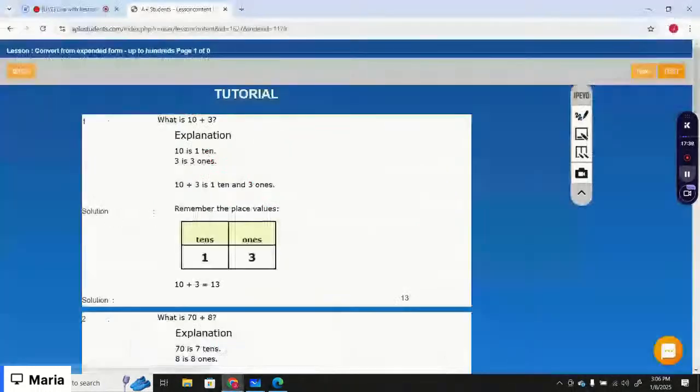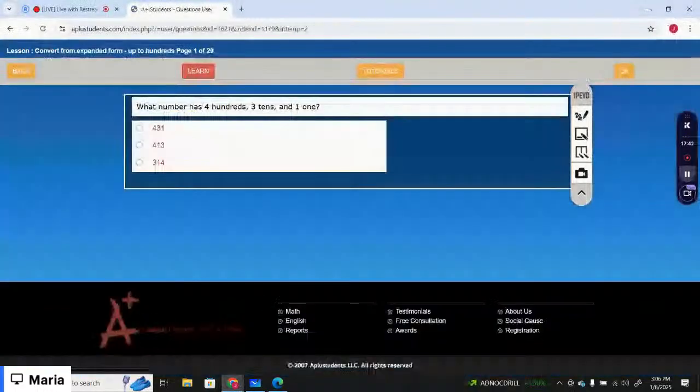Let's just start with the test questions. What number has 4 hundreds, 3 tens, and 1 one?